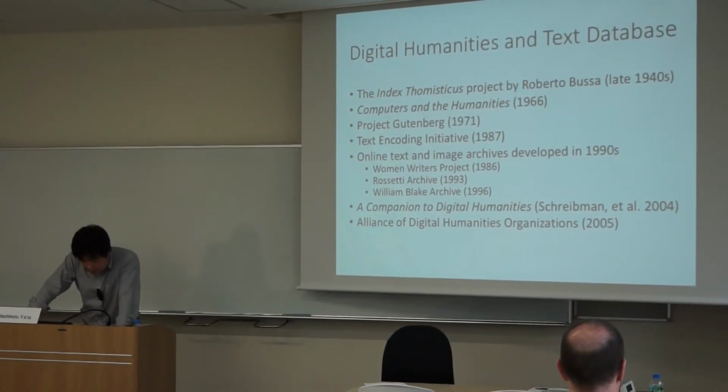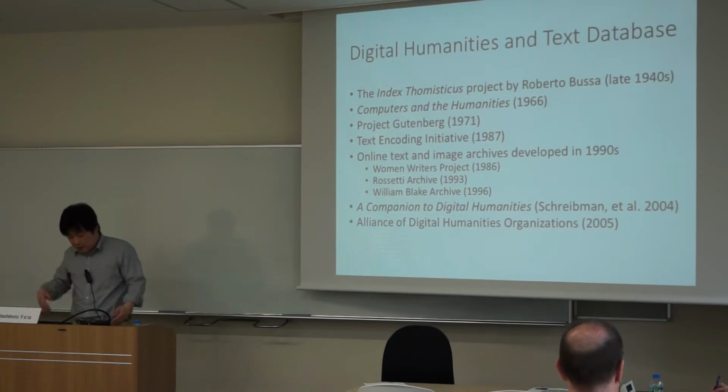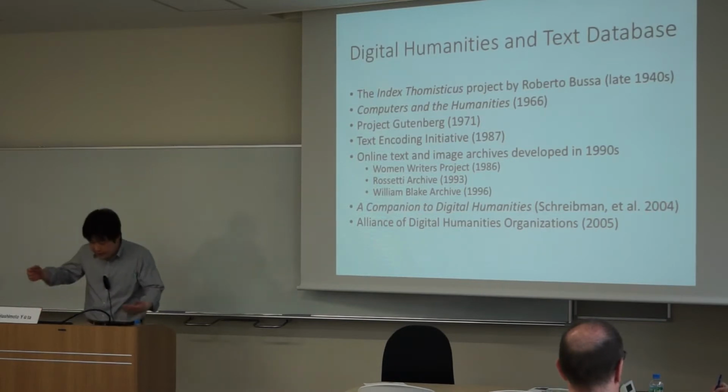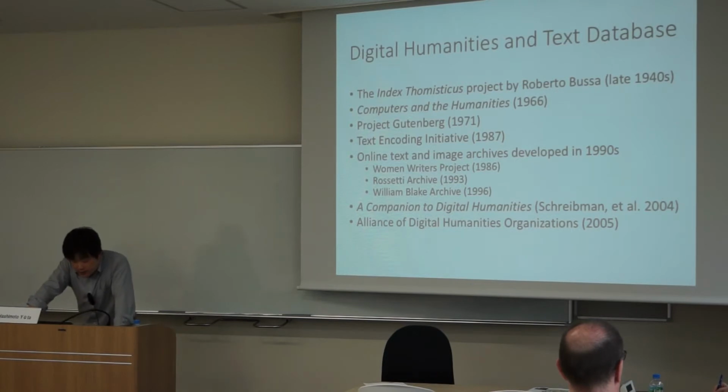And there were many followers of Roberto Busa, and lots of humanities scholars started using computers for humanities studies. Already in 1966, the first journal for the usage of computers in humanities was founded, and in 1971, Project Gutenberg, which I will talk about later, was started by Michael Hart.